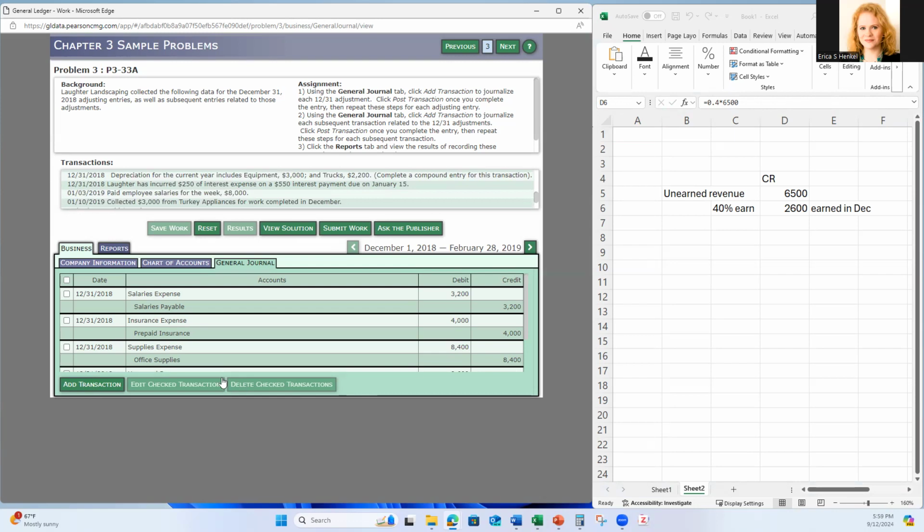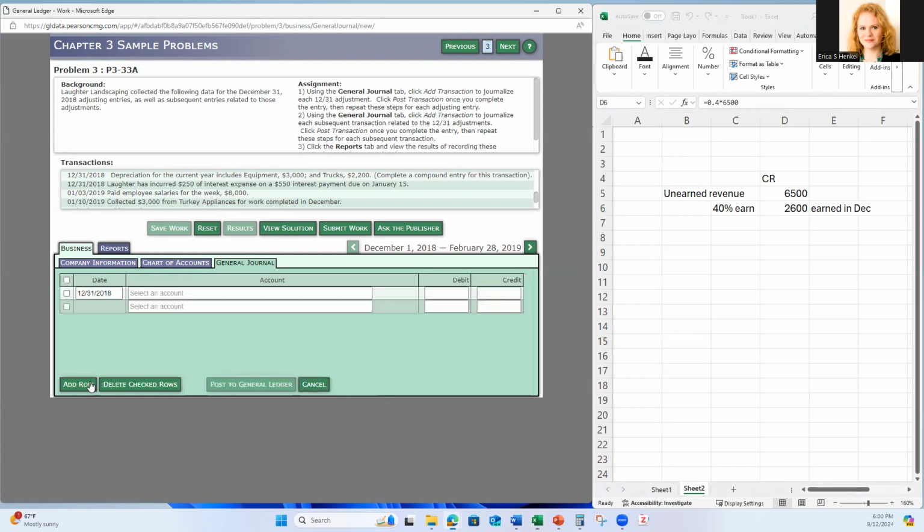And then we also record that contra asset account for accumulated depreciation, which offsets the value of our asset that we have sitting out there to show that we've used part of it up, but it allows us to keep the balance sitting out there in the asset account. So please go watch the MyLab video on depreciation if you don't understand what I just said there.